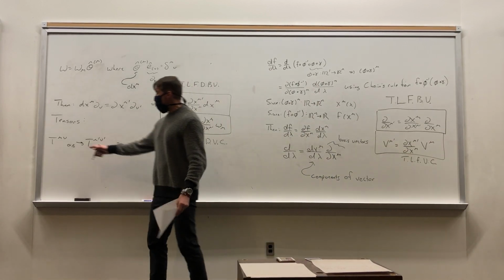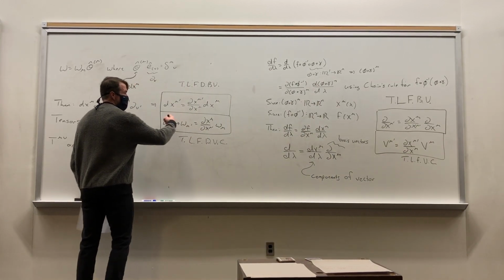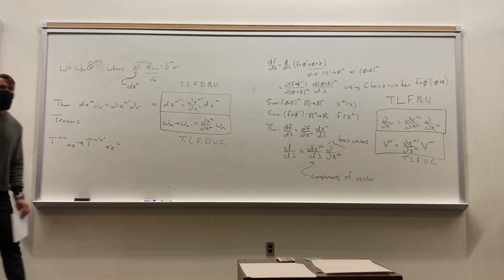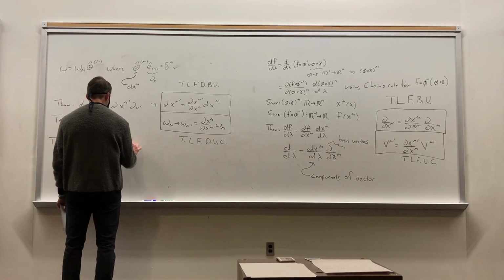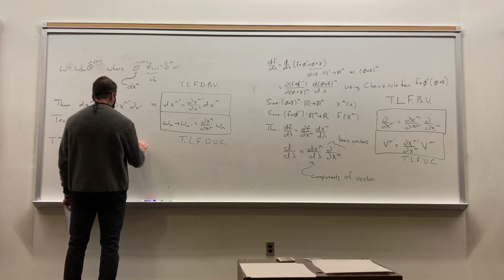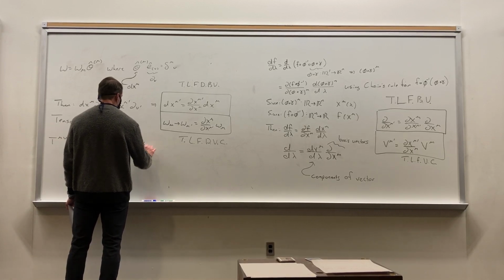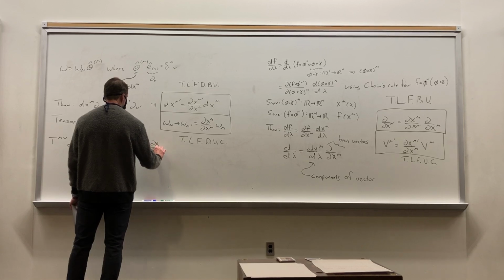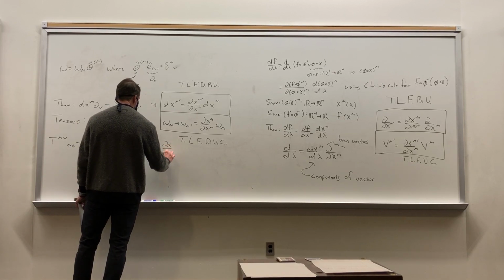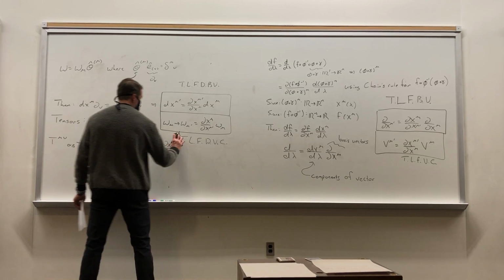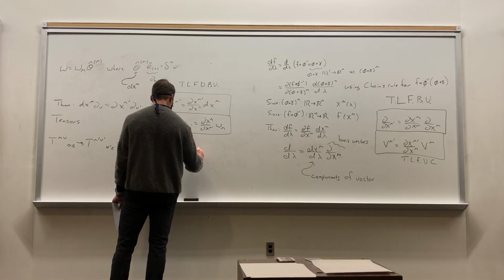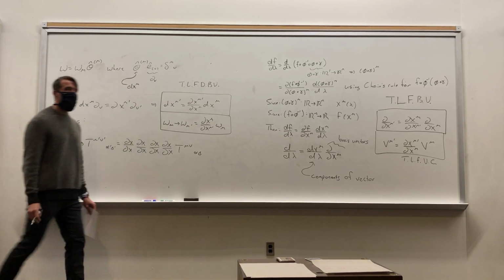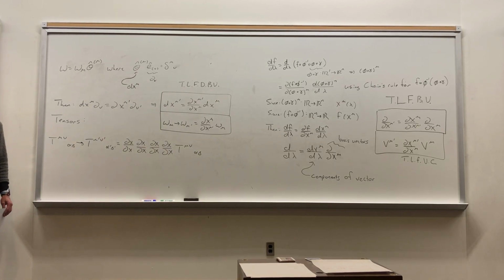And if it is a lower index, it gets a transformation factor associated with a dual vector component. So in the end, this is going to be D, D, D, D, T, mu, nu, alpha, beta.